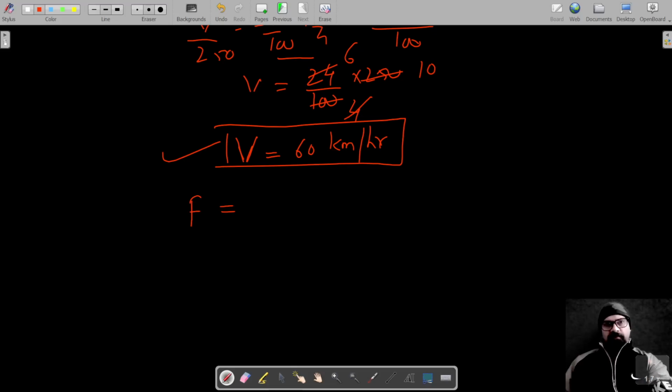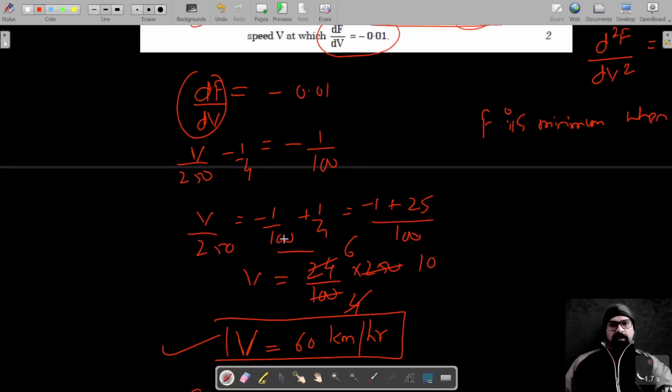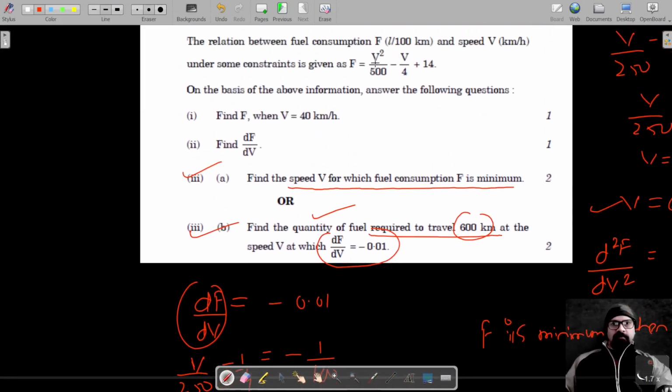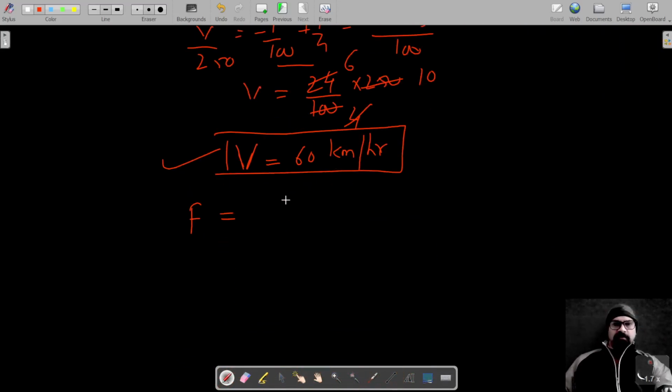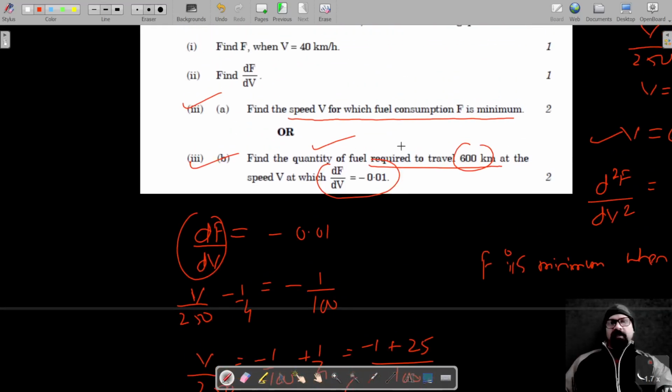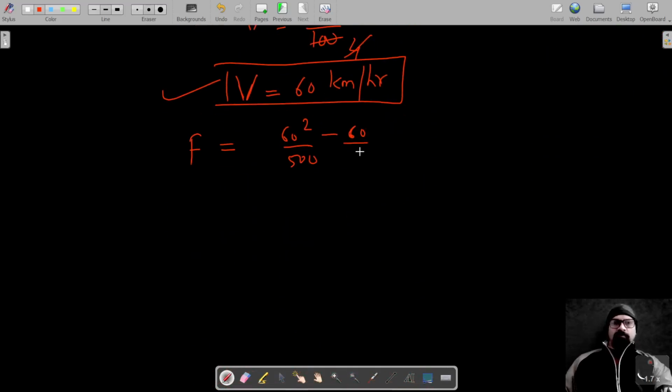So let's use the given equation F, to find out the fuel consumed at 60 kilometer per hour. So this is 60 square by 500 minus 60 upon 4 plus 40.